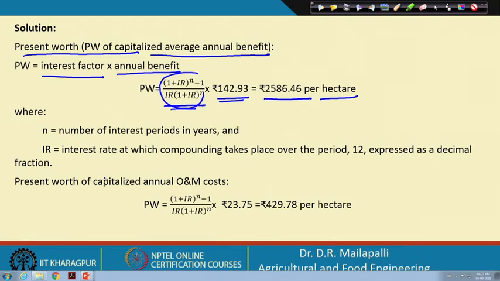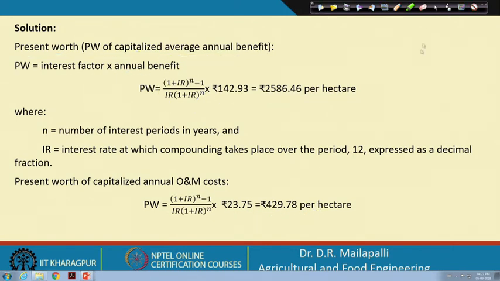That means the value of benefits in the present time. Then the present worth of the capitalized annual operation cost, the same thing: 23.75 is given, and the present worth will be 429.78 per hectare.